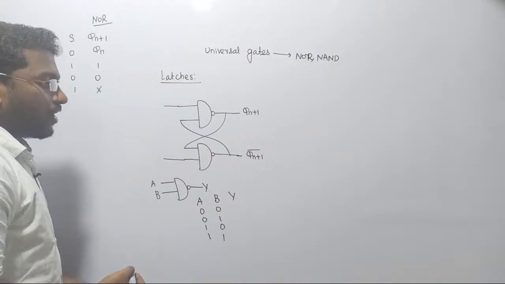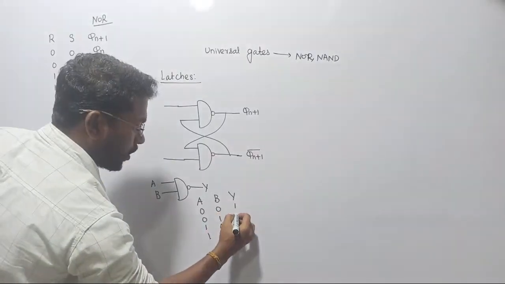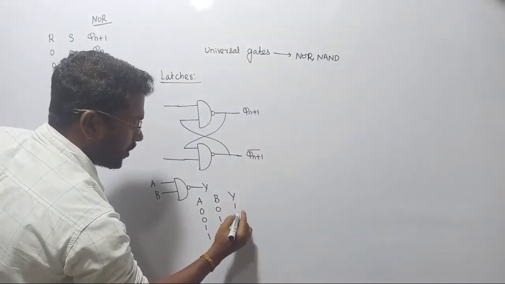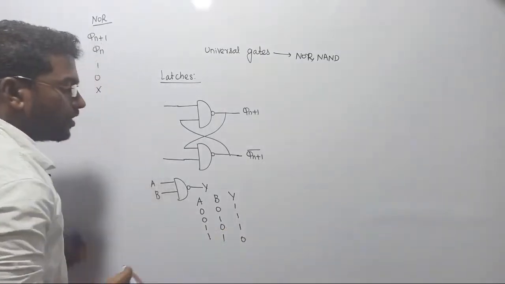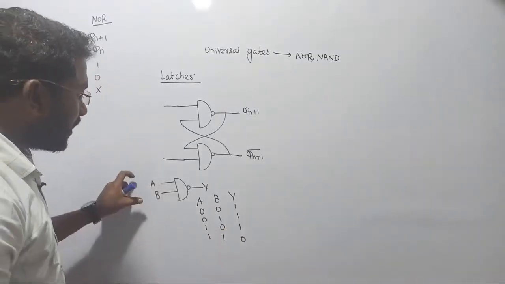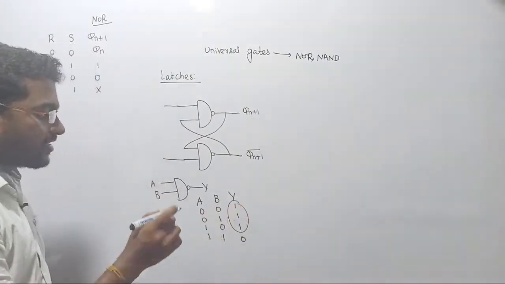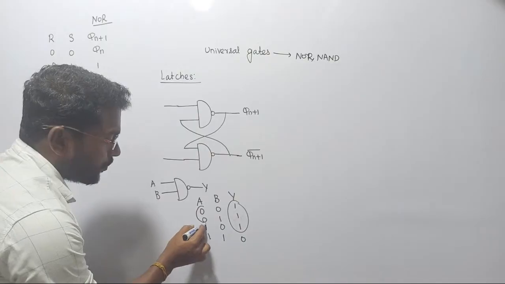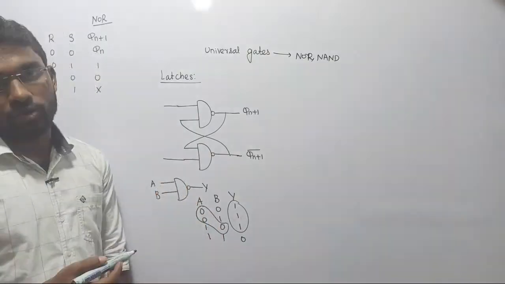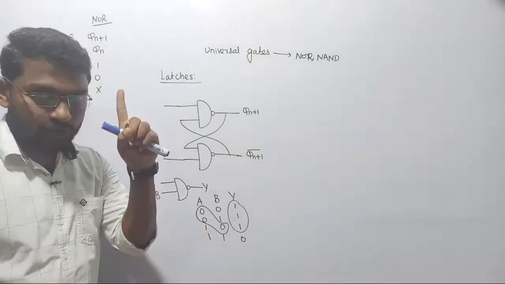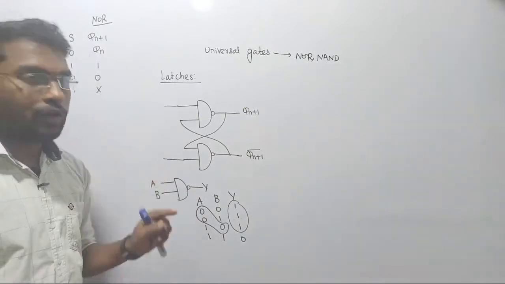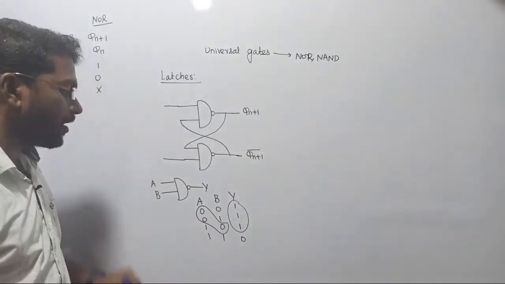For NAND gate we all know the output: this is 1, this is 1, this is 1, and the last one is going to be 0. What it stands for in case of NAND gate is, in order to set the output value as 1, at least one input value should be 0. That is the basic logic of the NAND gate, right?